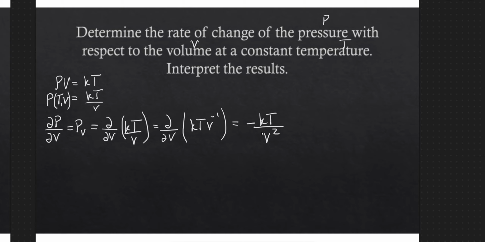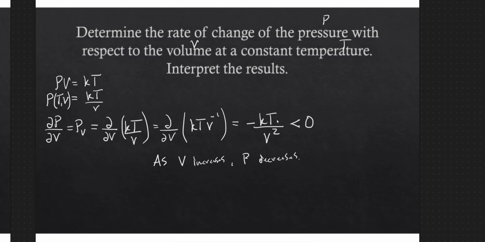So KT over V squared is positive, and the fact that we have the negative of that means this is always going to be less than 0. And so what that means is, as volume increases, what do you expect to happen to the pressure? The pressure, P, decreases.